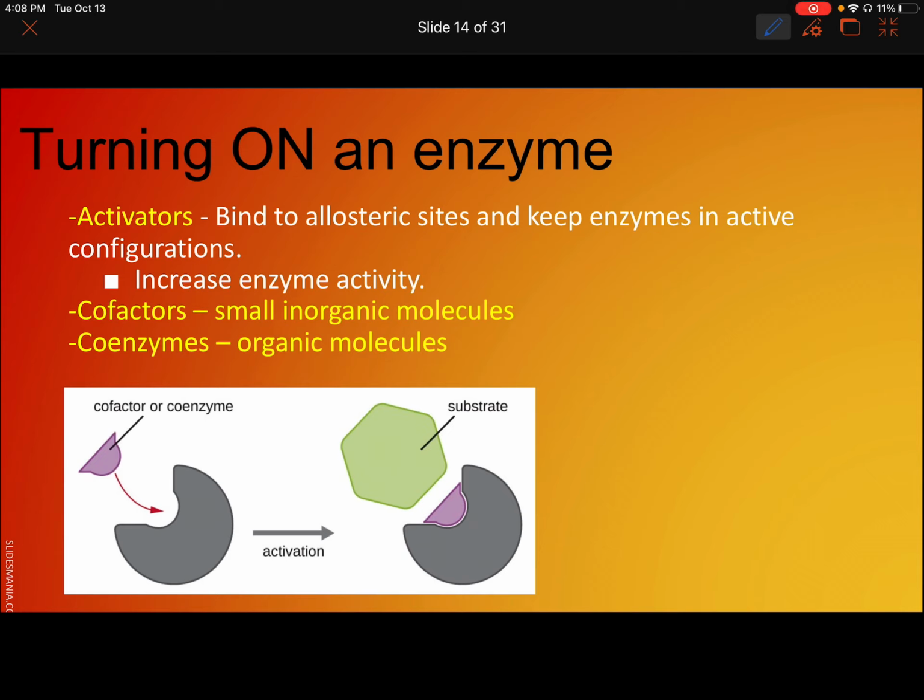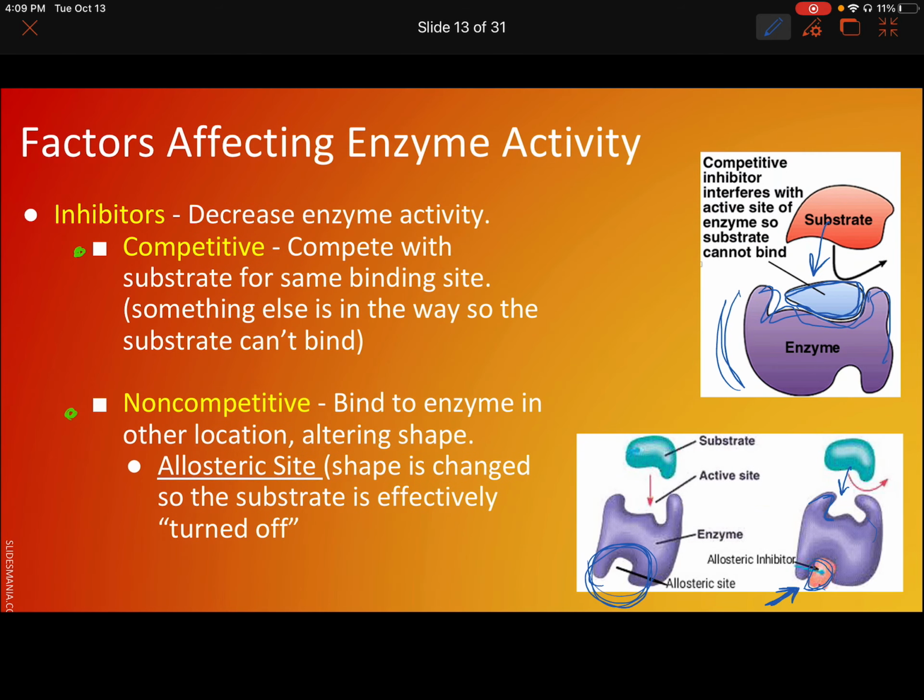All right, so you can also turn on an enzyme, and there's a couple ways that this happens. You have what's called activators. One way is that they bind to the allosteric sites and keep enzymes in an active configuration. So if you go back a second, here's the allosteric site.